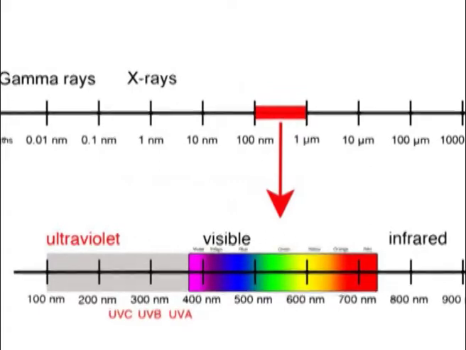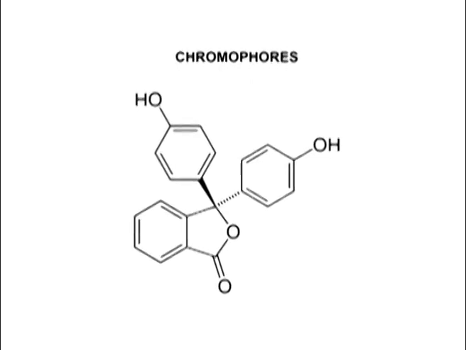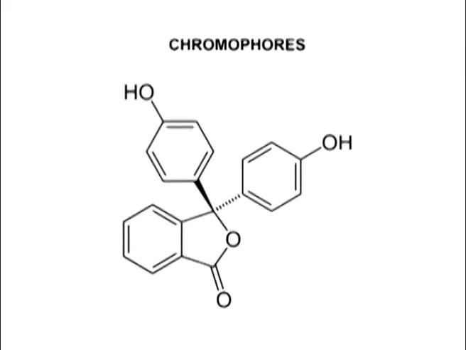The only molecular moieties that absorb light in the 200 to 800 nanometer range are pi electron functions and heteroatoms having non-bonding valence shell electron pairs. Chemical functionalities that are responsible for absorption are referred to as chromophores.